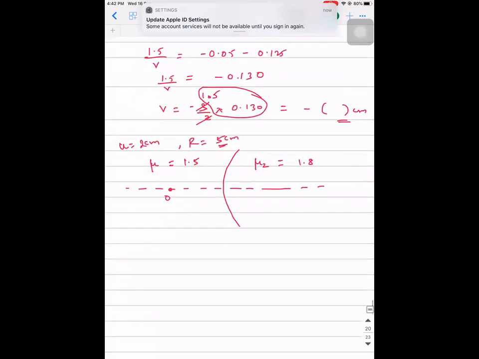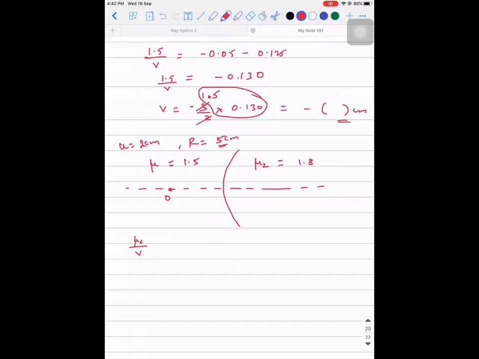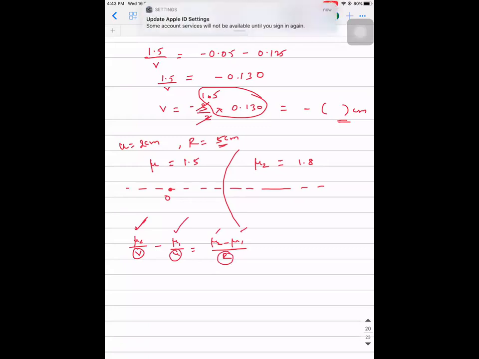So how to proceed? Mu2 by V minus mu1 by U is equal to mu2 minus mu1 divided by R. Here, instead of remembering mu2 and mu1 as right side and left side medium, you can remember like this: mu2 is the medium where the image is formed, mu1 is the medium where the object is. So mu2 minus mu1 divided by the radius of curvature of that particular surface.